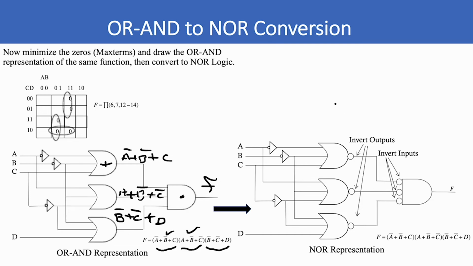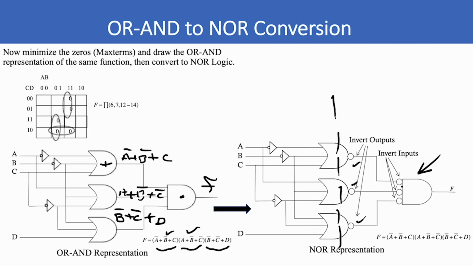Okay? So we have all these gates on the first level. So you invert all the outputs on the first level. There's 1, 2, and 3. And so you've created NOR gates on the first level. This is the alternate representation of a NOR gate.